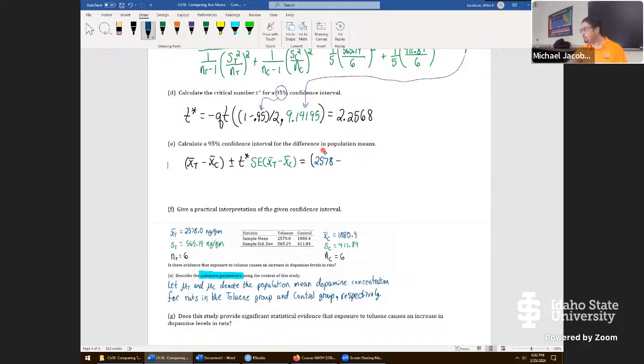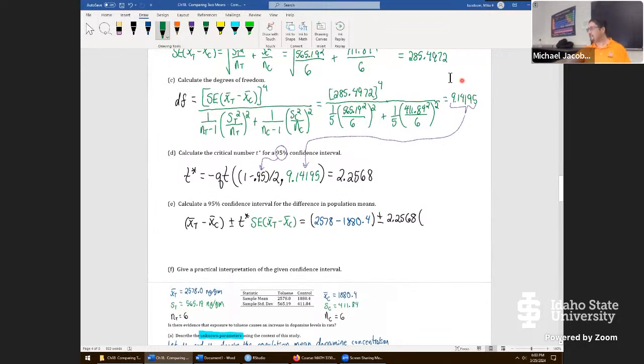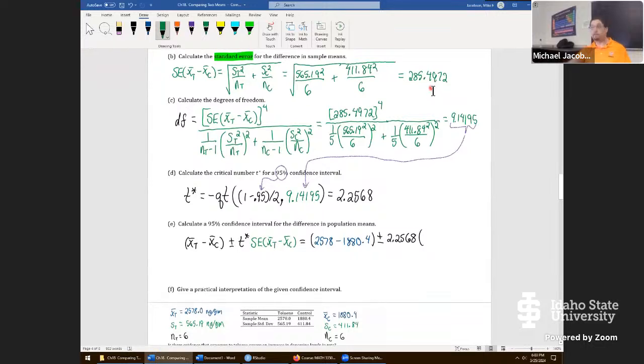Then for the control group, it was 1880.4. And add or subtract t star, we've got it right here, 2.2568. And that will multiply the standard error, which is, let's scroll up for a bit, this quantity right here from part B, 285.4972.